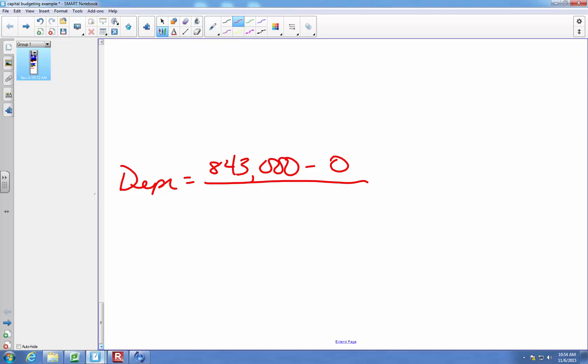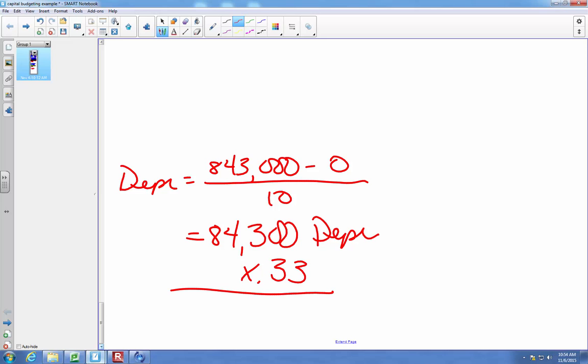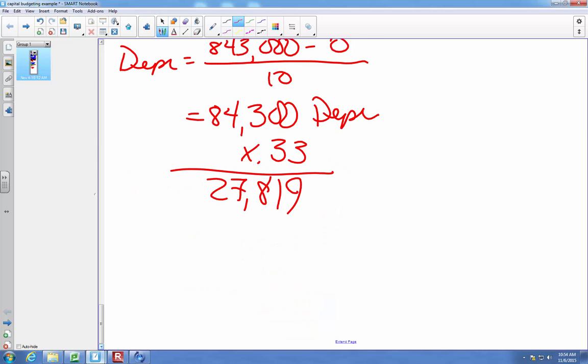The salvage value in this case was 0, right? How many years is it going over? 10. So my annual depreciation is what? What's my tax rate? So the tax savings is $27,819, right? Is that a positive or a negative thing?